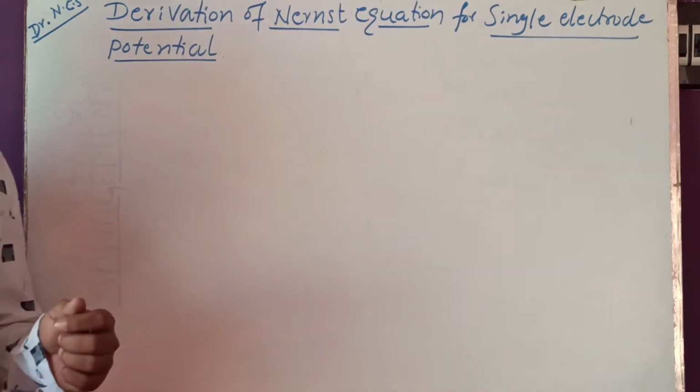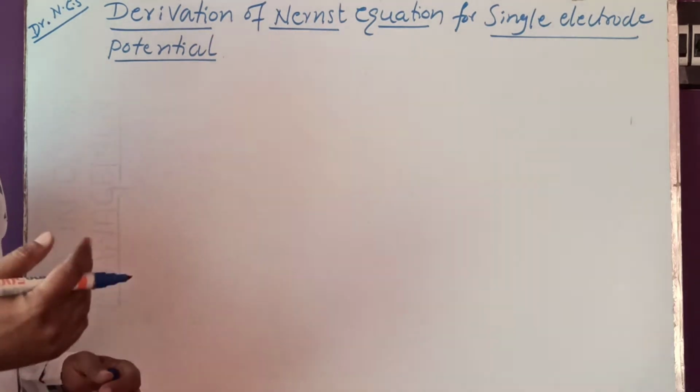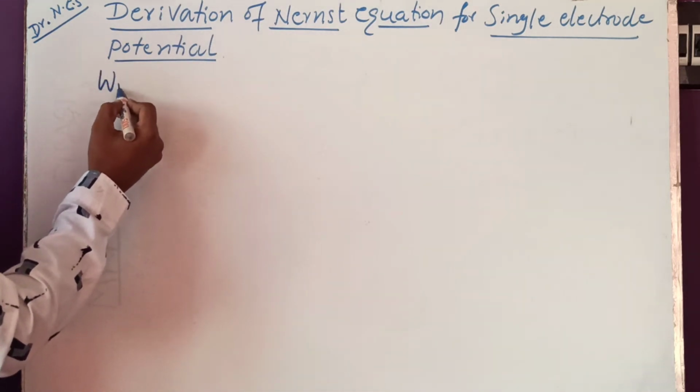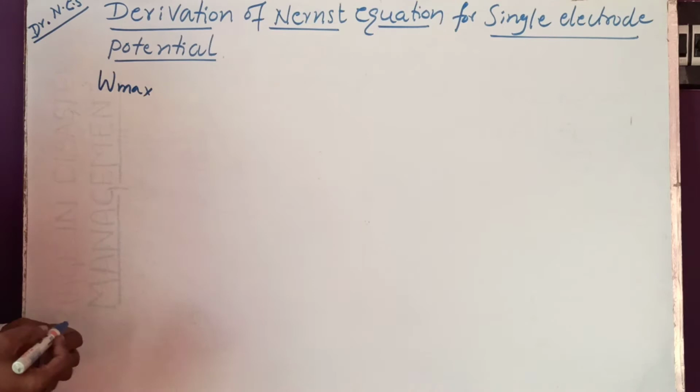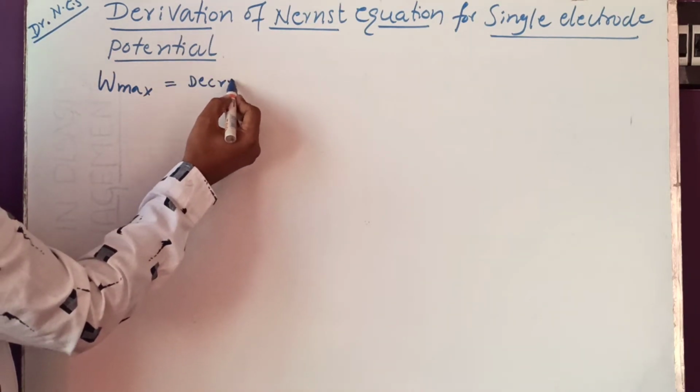So the maximum work that can be obtained from an electrochemical cell shows decrease in free energy. So I will represent work maximum that can be obtained by an electrochemical cell shows decrease in free energy.